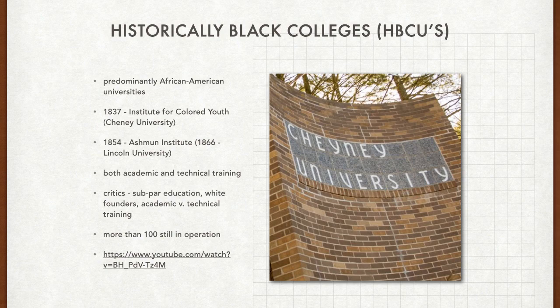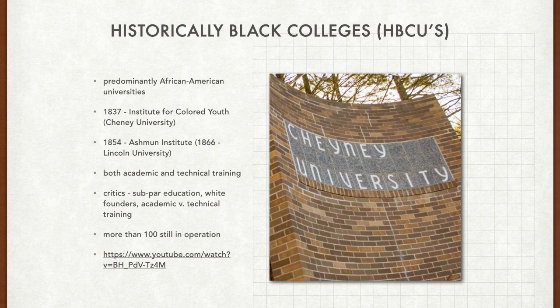So Howard was founded by a white general, and so the black leadership felt like these universities were kind of discredited because they were founded by white donors who did not understand that black people could be really smart, even though they donated to this university.